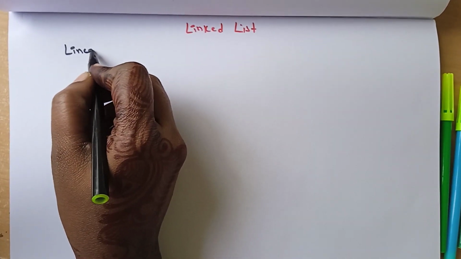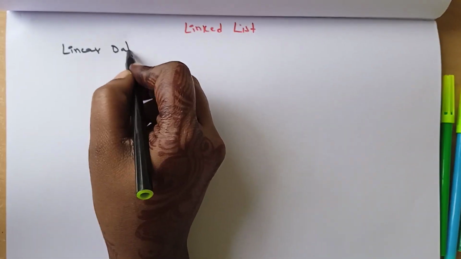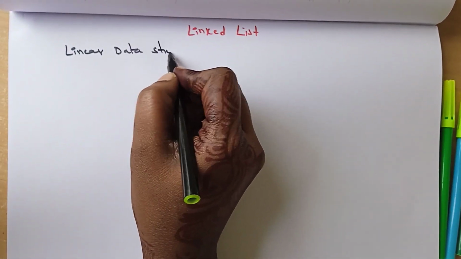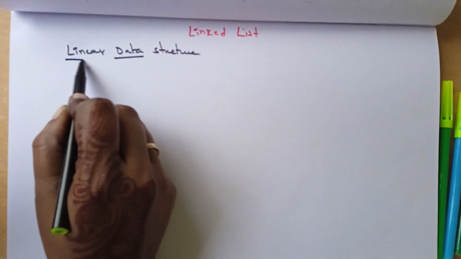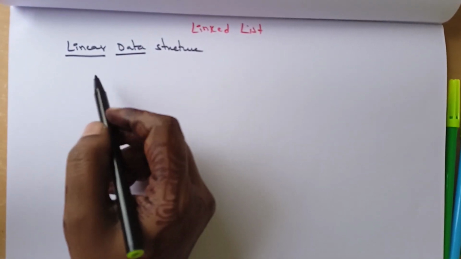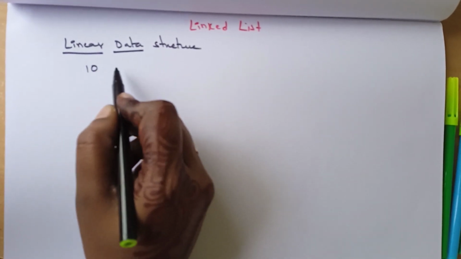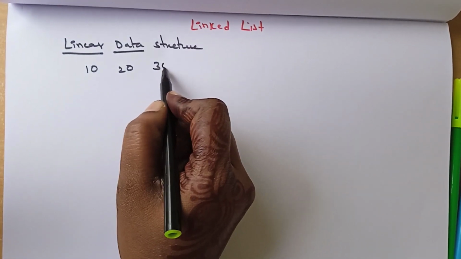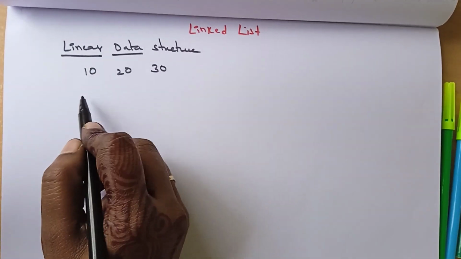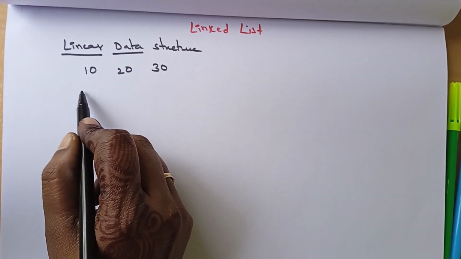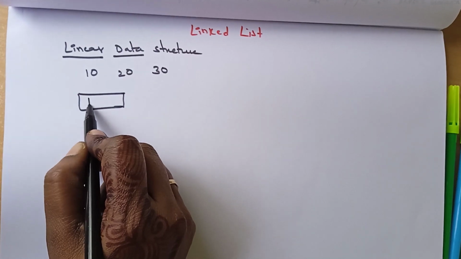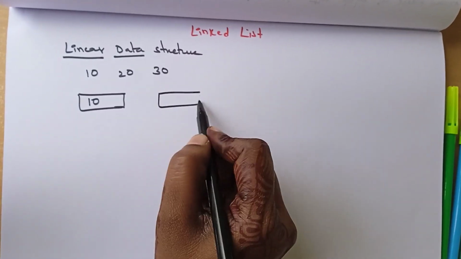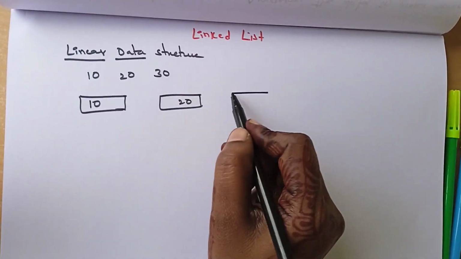Linked list is a linear data structure. So your data will be stored in linear format or linear fashion. Assume that I have this data as 10, 20, 30. This is my data. Now we'll put this data in a list format. Now this is 10, now again this is 20, and again this is 30.